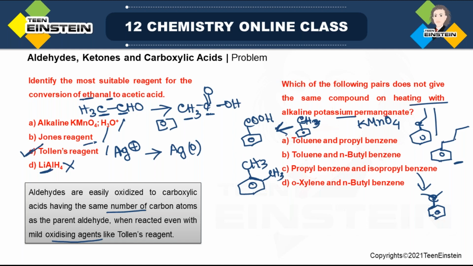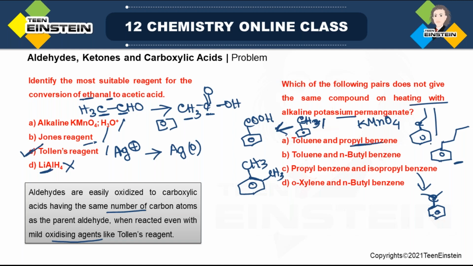But remember a very interesting thing, though it is already discussed: that is how we can prepare any aromatic carboxylic acid, that is, a benzene ring directly attached to a CO2H group. There is a specific method for this type of carboxylic acid synthesis, and that method is oxidation of the side chain of the benzene ring. Whatever the nature of the alkyl chain, for toluene it is a single carbon, but for n-propyl benzene it is 3 carbon.